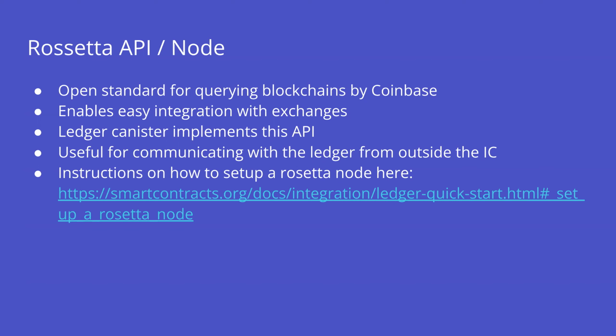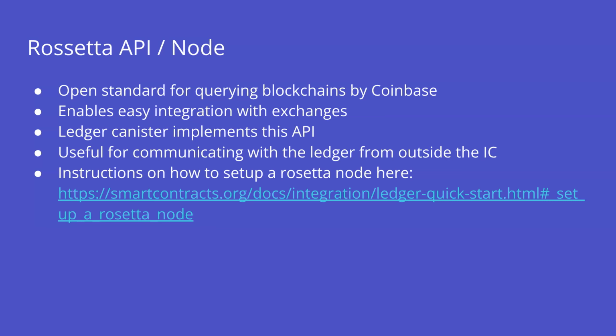So what they made is the Rosetta API, and if your blockchain implements this Rosetta API, you can very easily integrate with exchanges. The ledger canister implements this API, so that means that if you deploy your own token with a modified ledger canister, then you automatically get this Rosetta API in your canister.